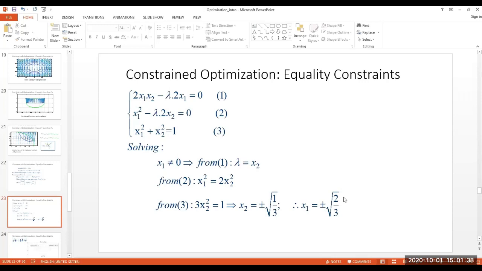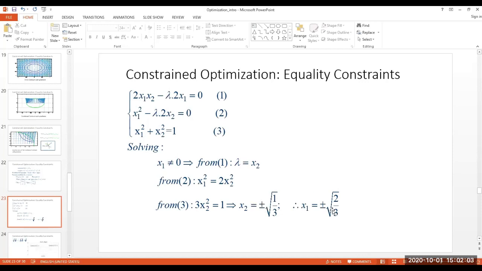How many solutions do you have in total? How many feasible or probable solutions do we have? Sir, 4. Exactly, we have 4. That means we have 4 combinations between these 2.